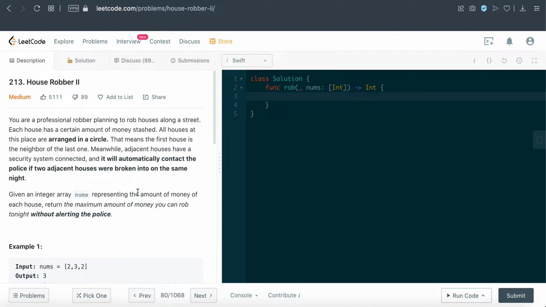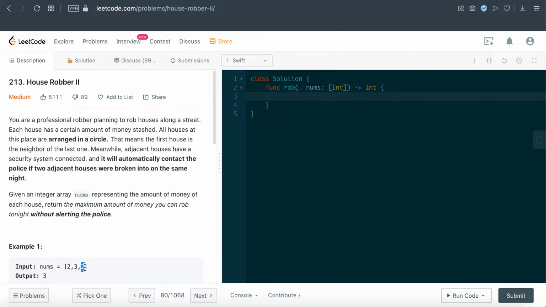The strategy to solve this question is to break down the choices we have into two sets of houses, because we know robbing the first house and the last house together is not allowed. The first set of houses ignores the last house.